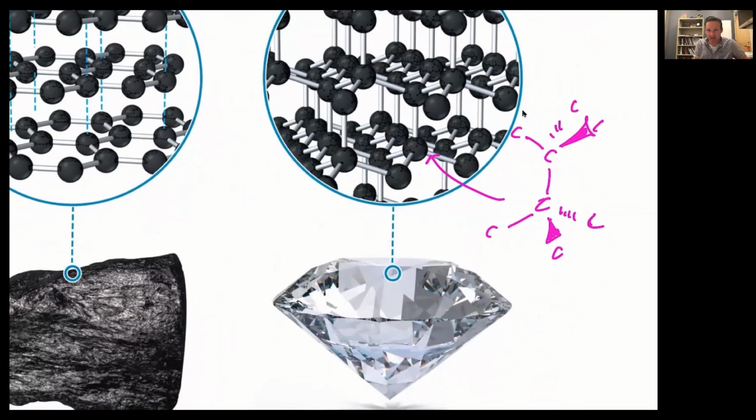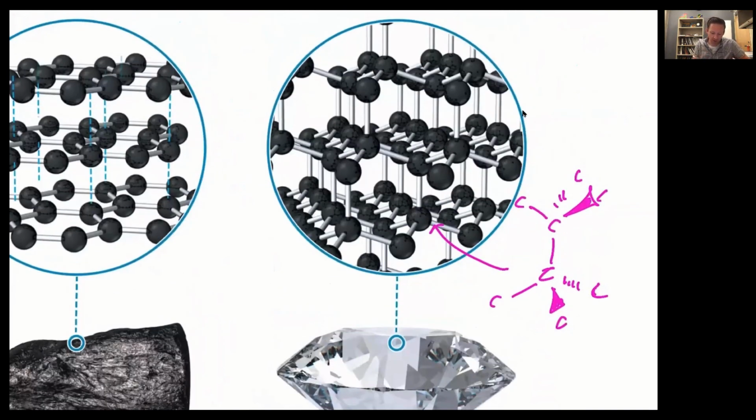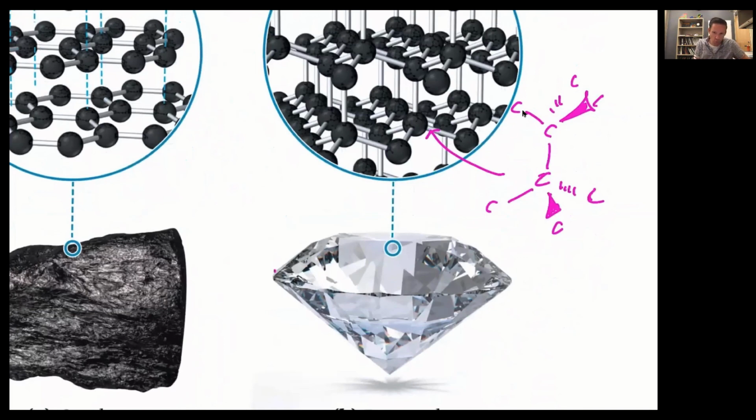And so in effect, one diamond crystal is one molecule. This carbon atom on one edge of the diamond is attached by covalent single bonds all the way to the other side, to every other carbon atom in the diamond. And so it's one molecule.